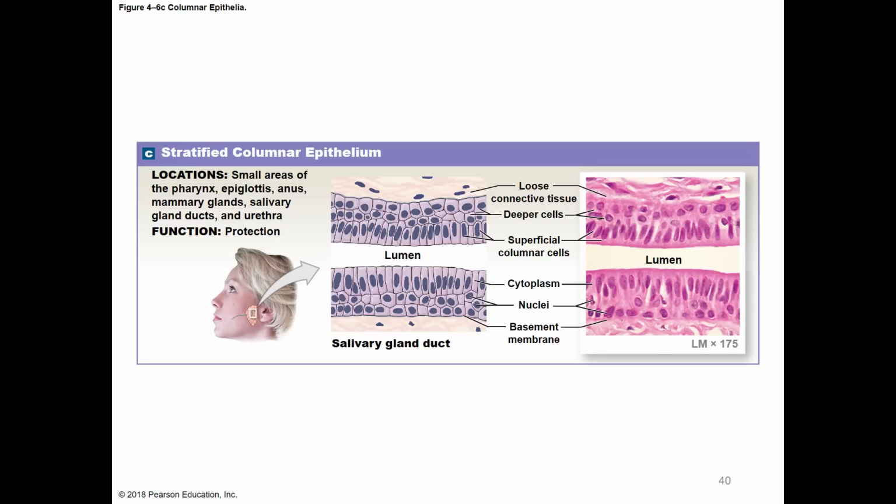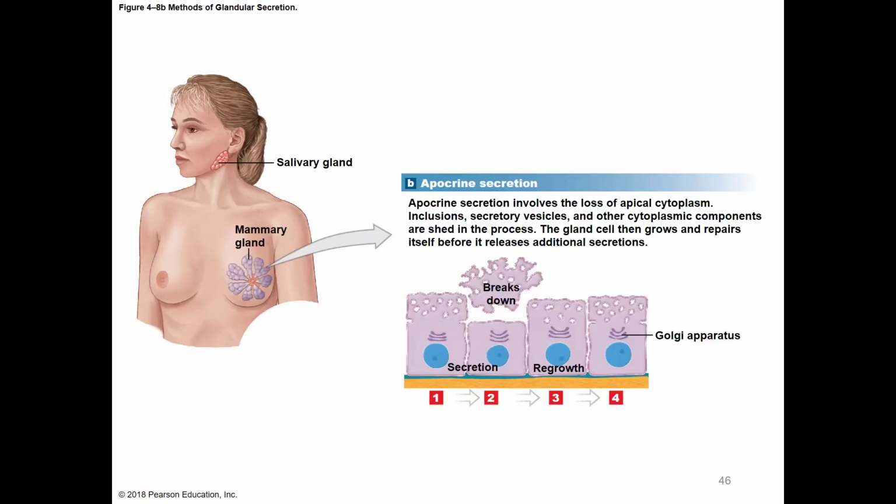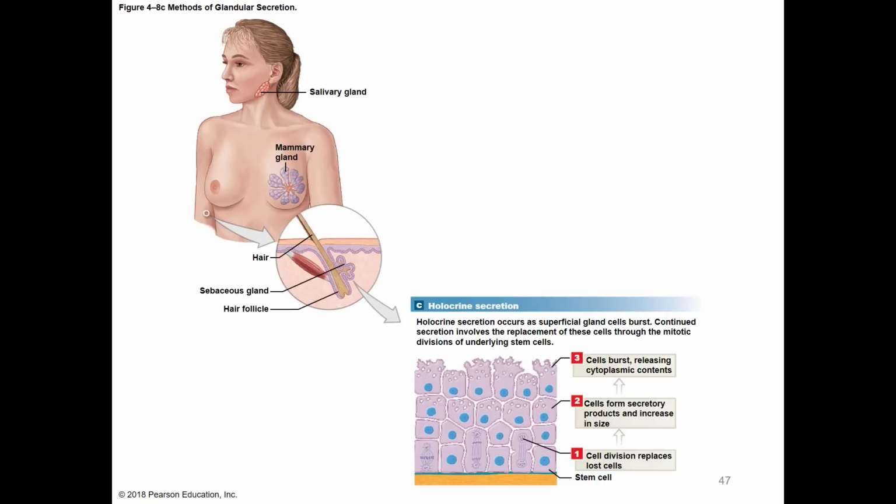So let's take a look at that hologram. So here is the lining of an oil gland, and here are the cells that would be found in the oil gland. You can see the cells at the bottom are undergoing mitosis. We're making new cells because we know the ones on top are going to die.